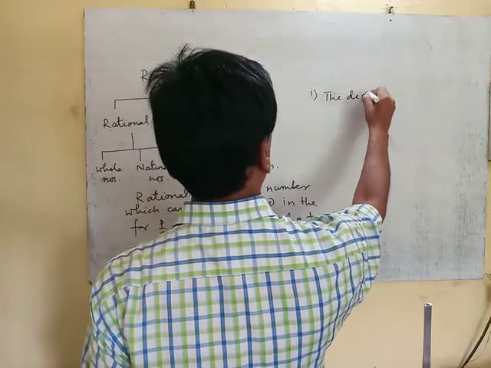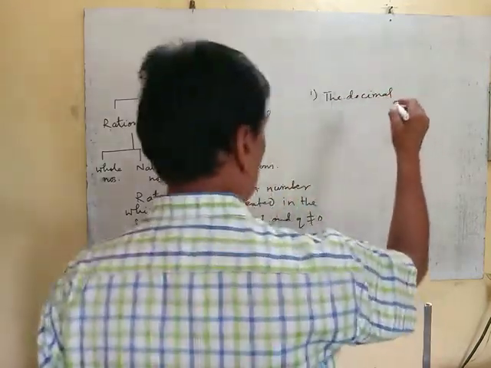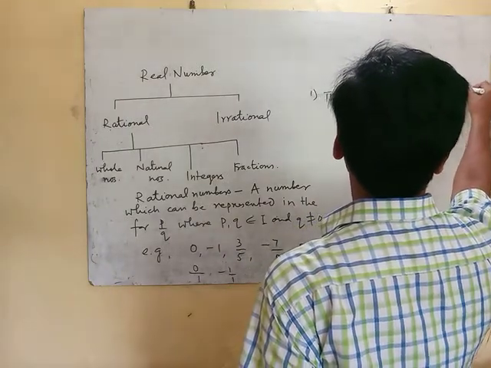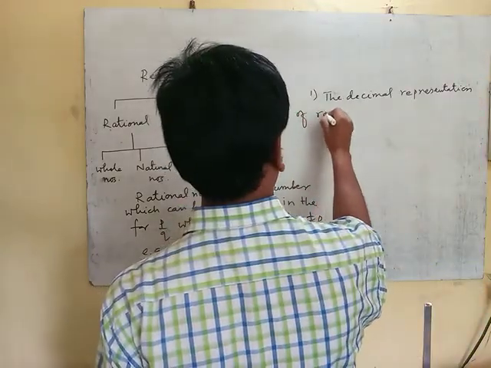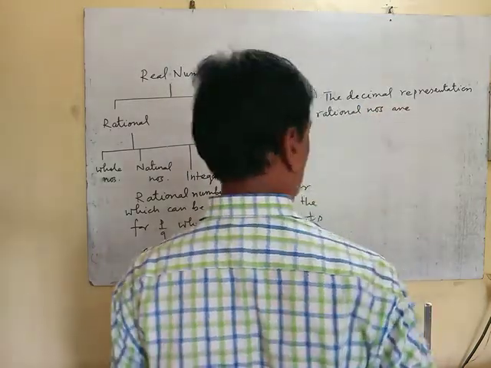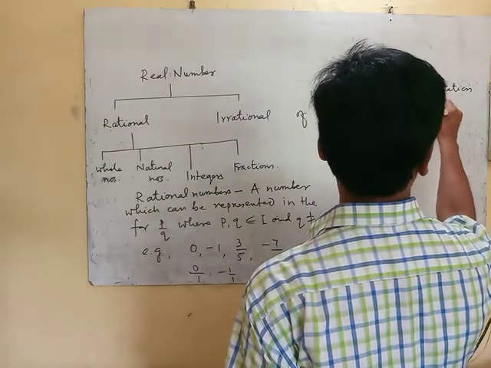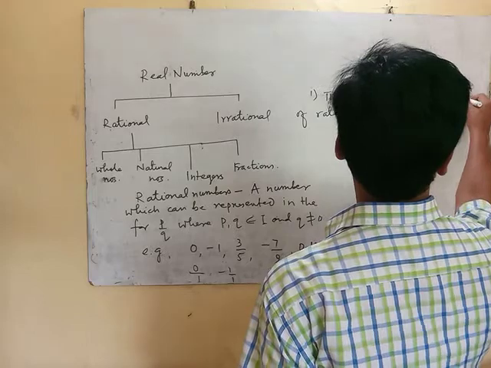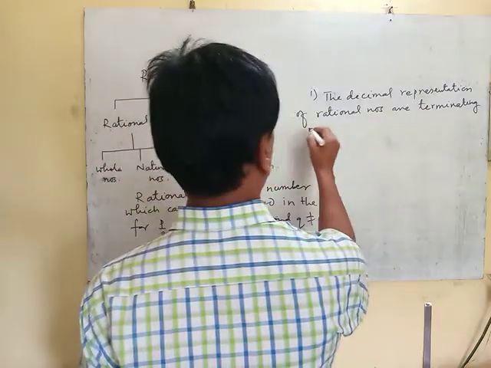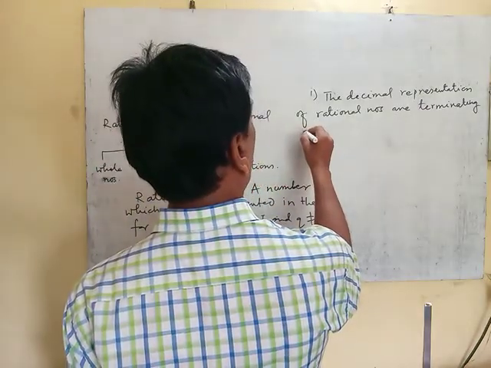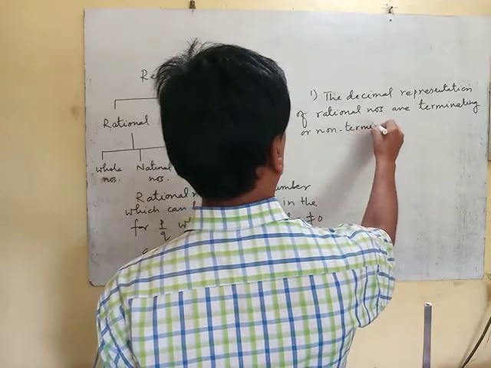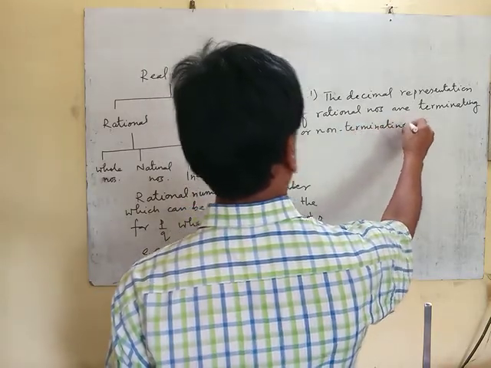The decimal representation of rational numbers is terminating or non-terminating but repeating.